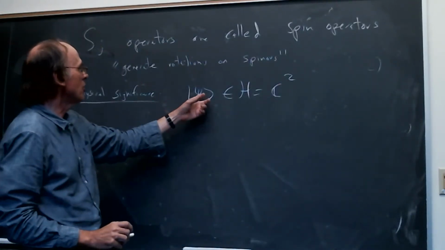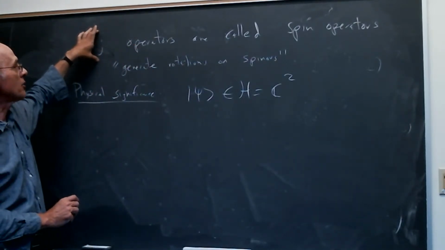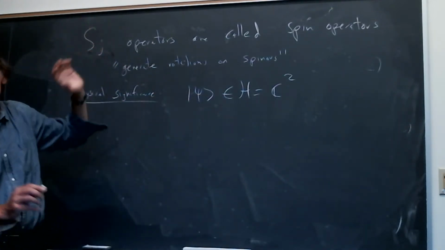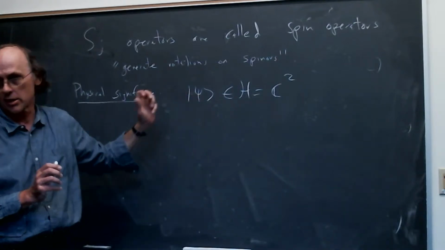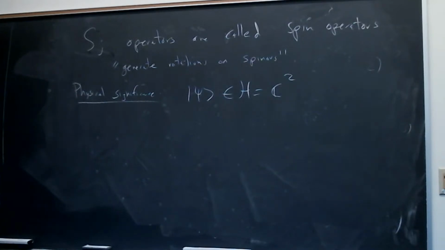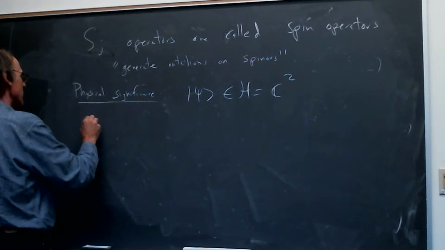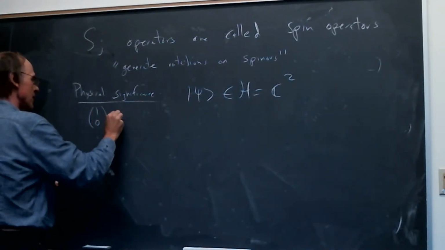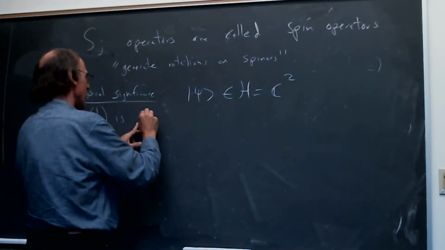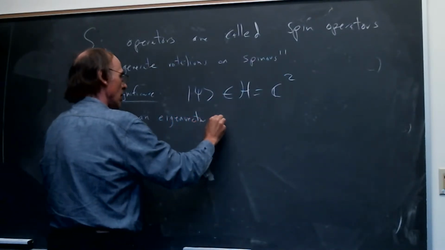Now, for each of these S_j, you'd like to associate a kind of physical quantity to it, something that you can actually measure. So let's say that (1, 0) is an eigenvector of S3.